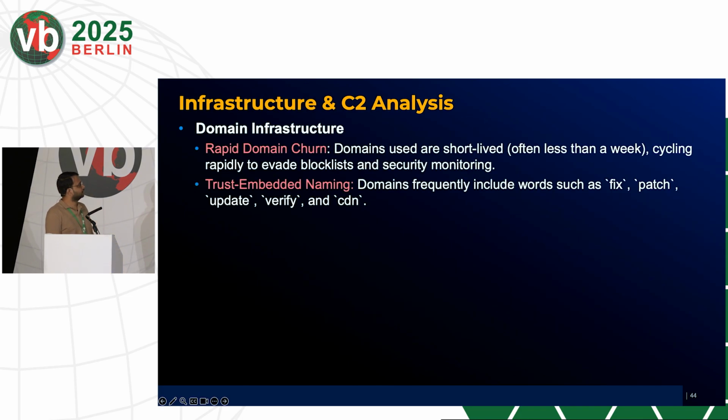So this is the infrastructure analysis. Domain infrastructure: rapid domain churn. They use short-lived domains, often less than a week old, to evade block lists. They use frequently used words like fix, patch, update, verify, and CDN.